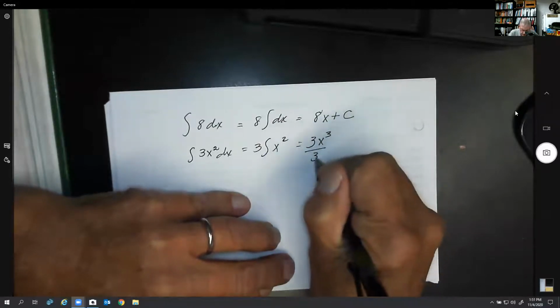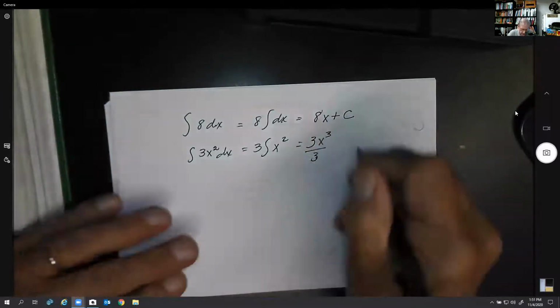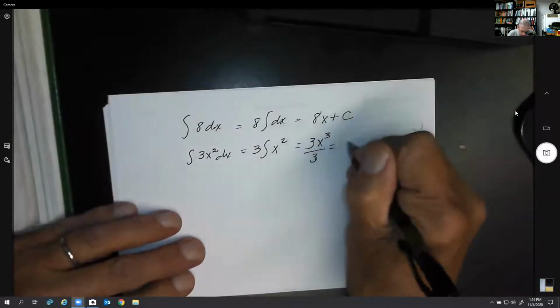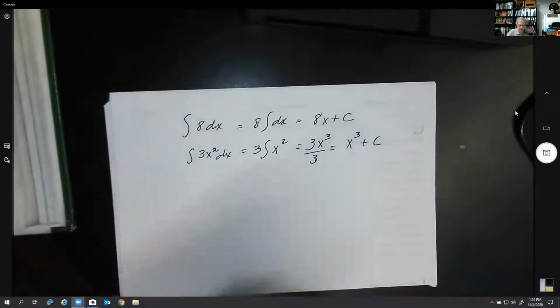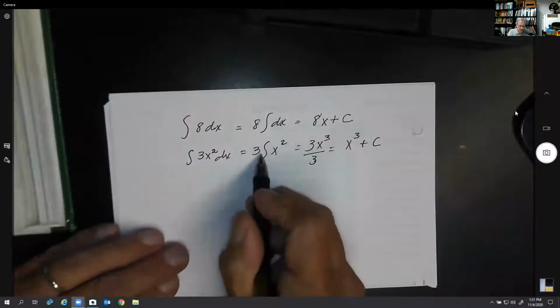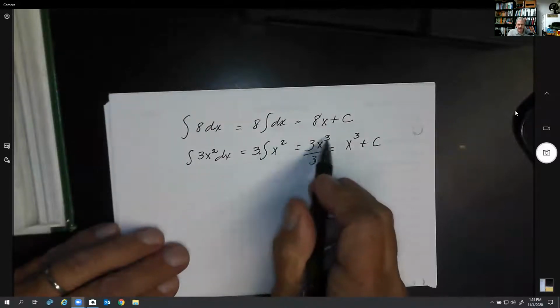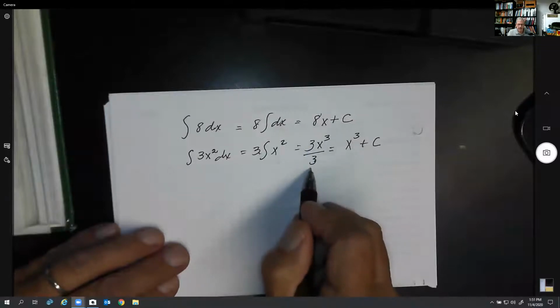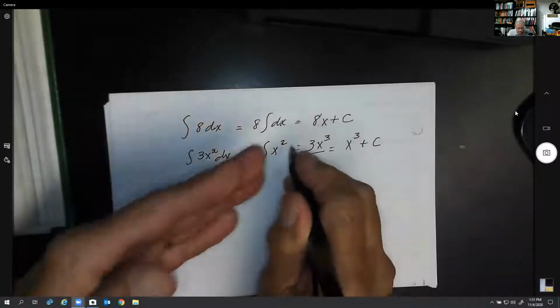Whatever power you have, you put it over the same thing. And of course, that's going to simplify to just x cubed plus c. So remove the 3, then integrate x squared, which is x cubed over 3, and then cancel it out. So it's a little bit harder because you're used to subtracting.